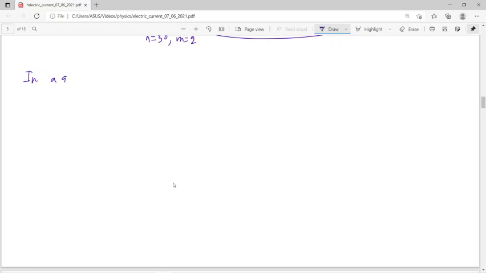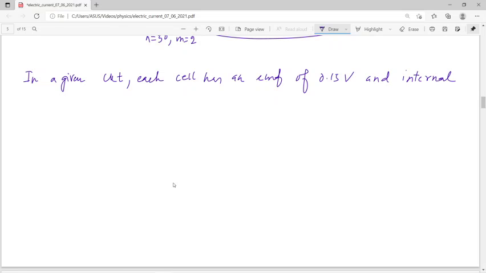So in a given circuit, each cell has an EMF of 0.15 volt and internal resistance of 0.25 ohm. You have to find the current in the circuit.